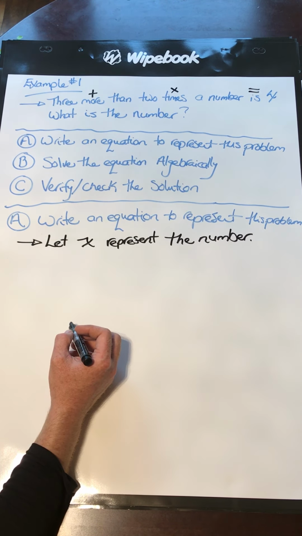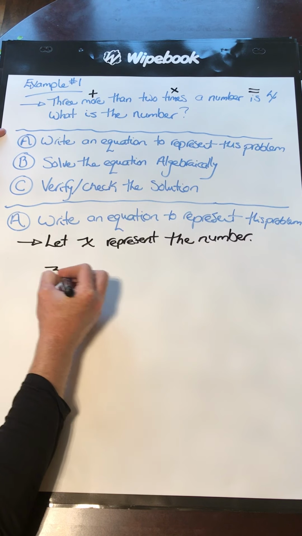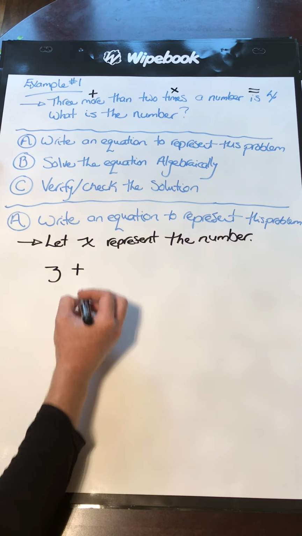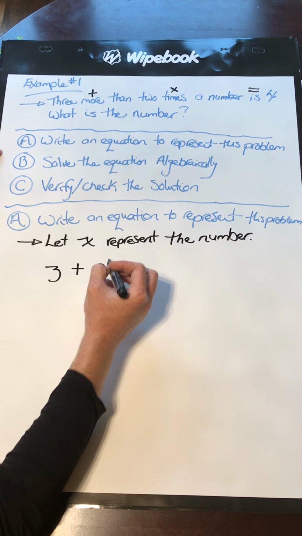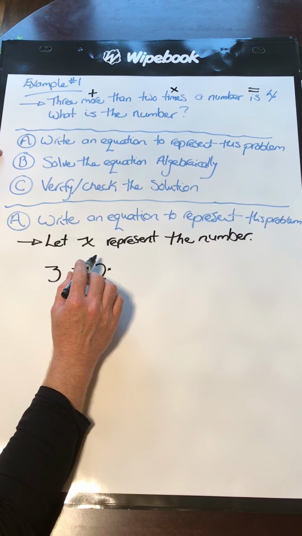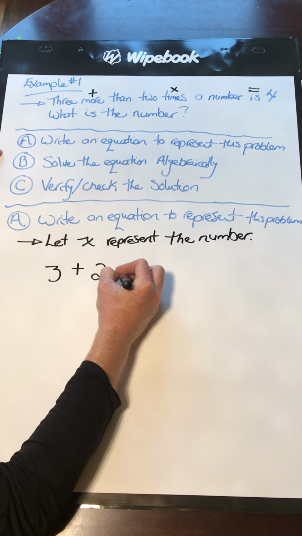So now I can start with writing an equation. So again, 3 more, so 3 plus 2 times a number. So 2, and remember there's an itty bitty x in here, so 2 times a number. What's representing the number? Well, we're letting x.